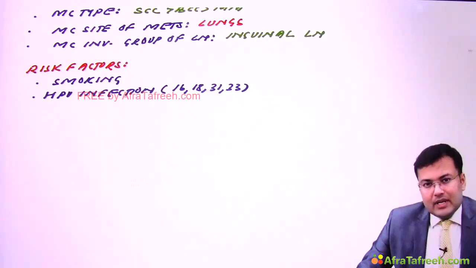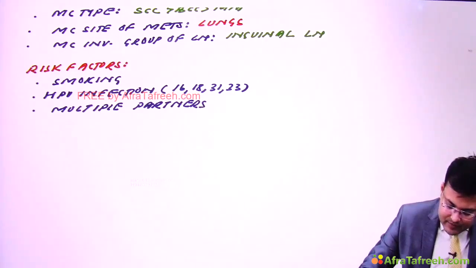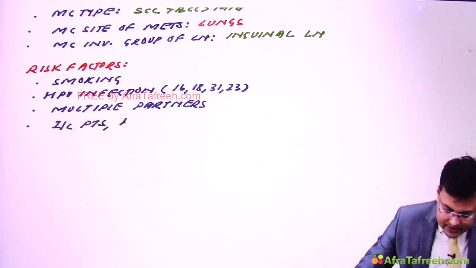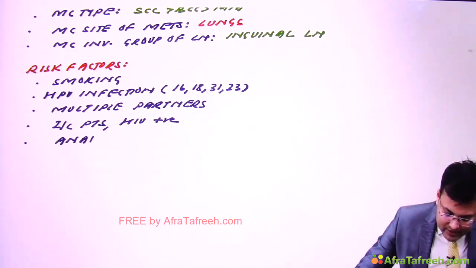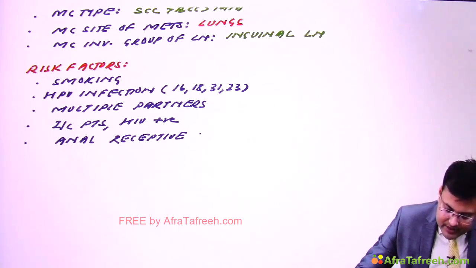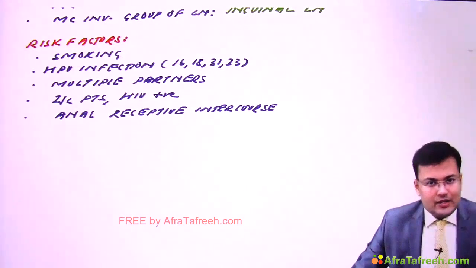People who have multiple partners, HIV positive patients or immunocompromised patients, and patients having anal receptive intercourse. Anal receptive intercourse means passive partners. Clear? So these are the risk factors for carcinoma anal canal.